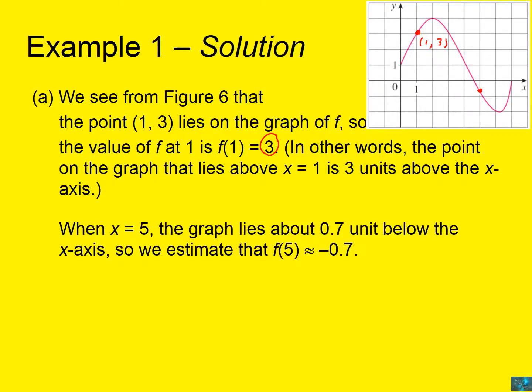When x is 5, the graph lies about 0.7 of a unit below the x-axis. So we estimate that f of 5 is approximately equal to -0.7. When x is 5, y is approximately equal to -0.7.